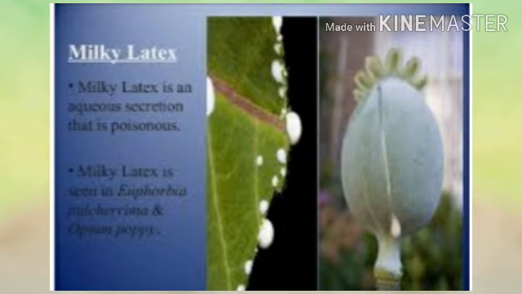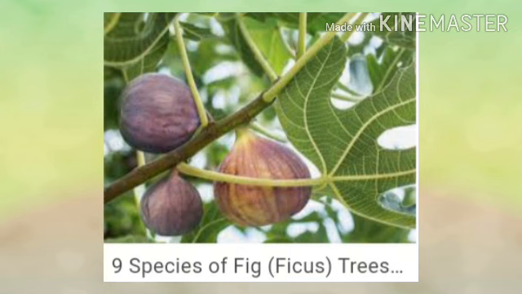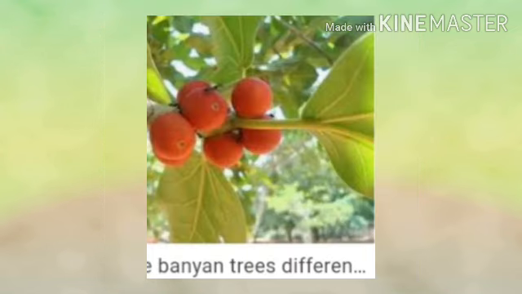The function of those tissues is secretion. Latex, resins, gums, and oils are such substances that are secreted by plants. Latex, meaning milky substance, is secreted by rubber, fig, and banyan trees. Resins are obtained from pine trees.